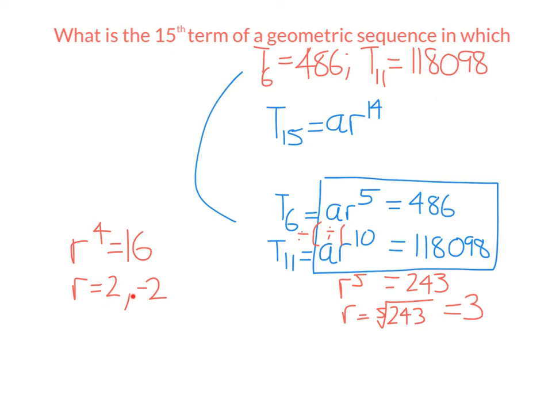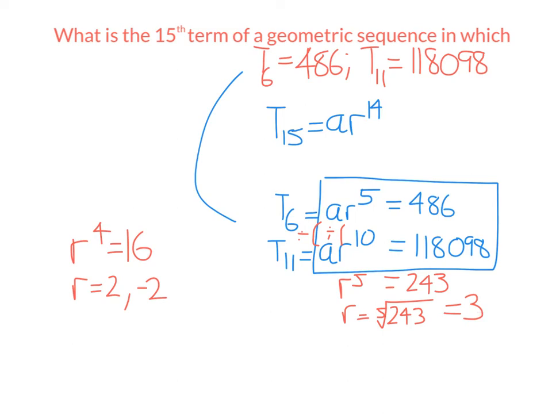So those two possibilities, that ambiguity arises only when the power is even. When you're doing questions like this, where you're dividing to find r. So just be aware of that. Even power, there's two possibilities for the common ratio. Odd power, as we had here, there's only one possibility for the common ratio.